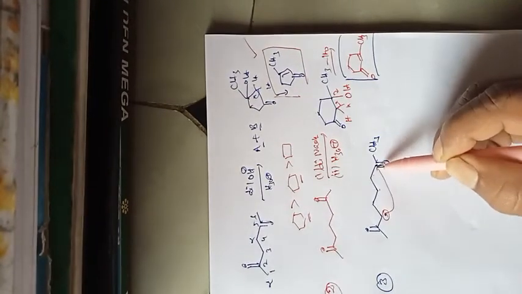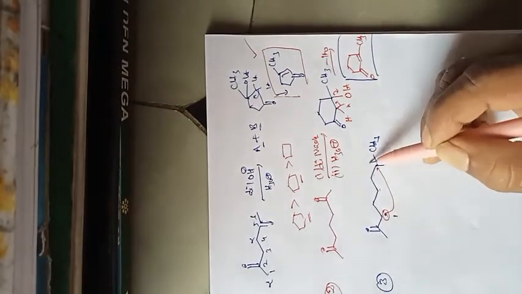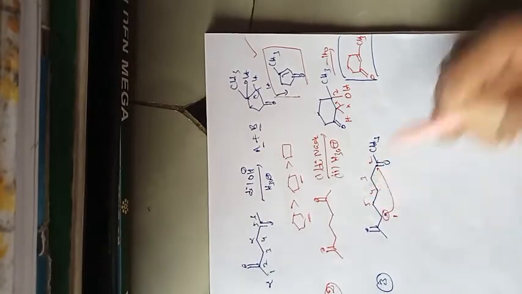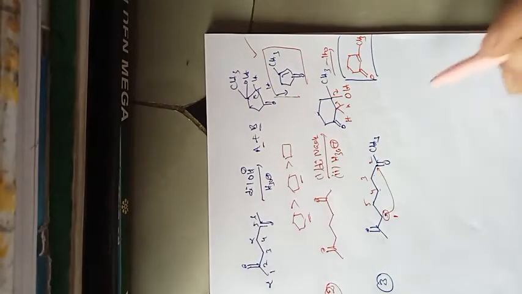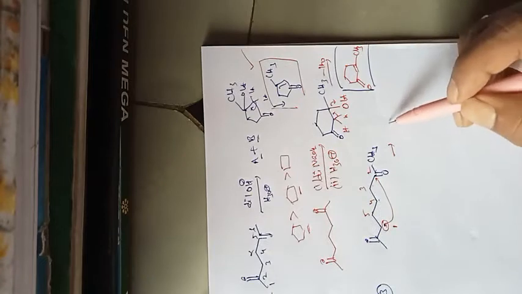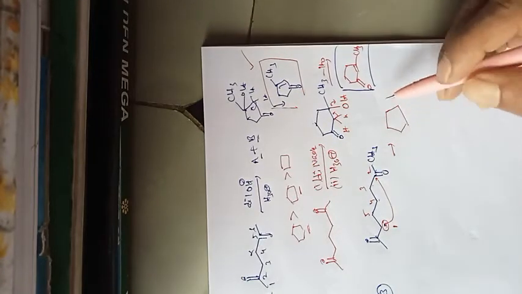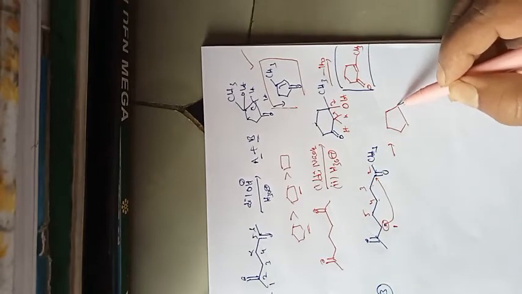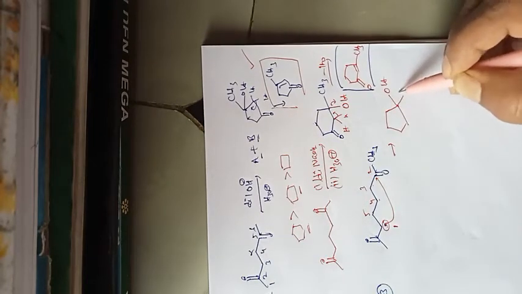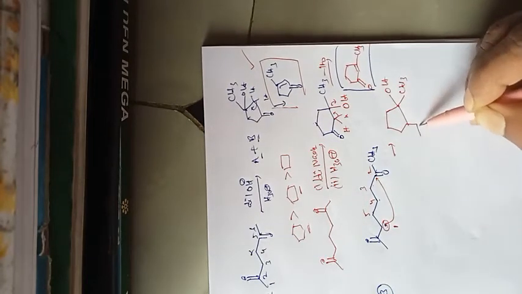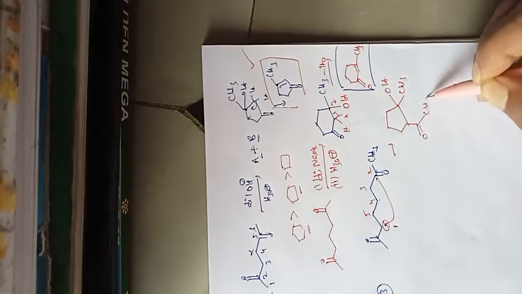This is like this, and 1 2 3 4 5, so there is a possibility of a 5-membered ring. You can see here there is an OH and CH3 and C double bond O and CH3.